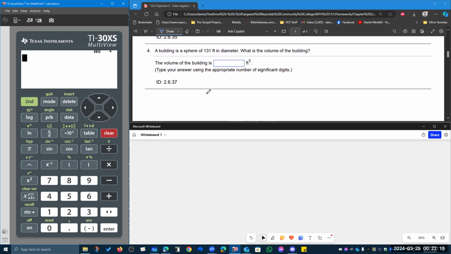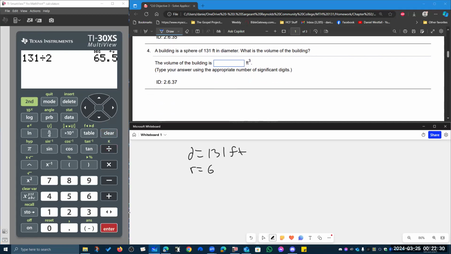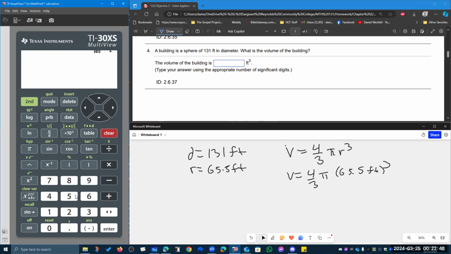A building is a sphere with a diameter of 131 feet. Let's just change that into a radius right now because I know that's what I'm going to need for the formula: 65.5 feet. The volume formula for a sphere is 4/3 pi r cubed. So this is going to be 4/3 pi times 65.5 feet cubed.